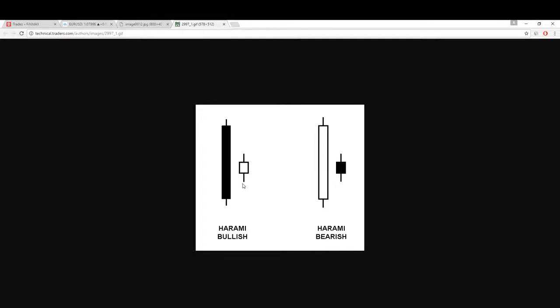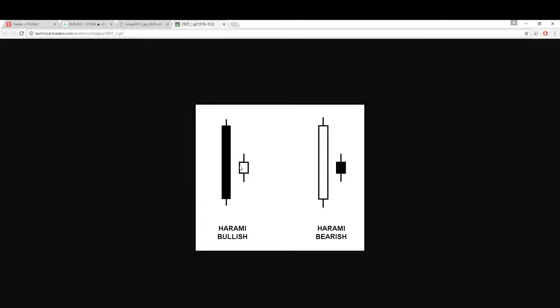So basically there can be 4 variants of harami candles. The most important for us is the color of this candle, because it tells us what to expect from the market, and that the trend can also be changed.